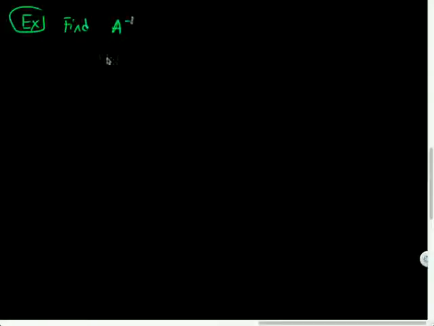Find A inverse. And so here's matrix A. It's going to be a 2 by 2, which is what we'd like. And let me actually just pick a nice little problem right here. I like it. 2, -3, and 4, 4.